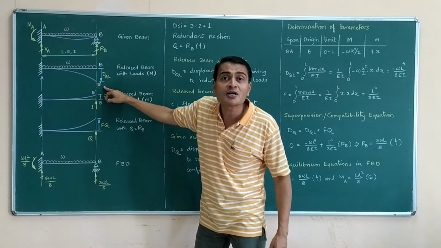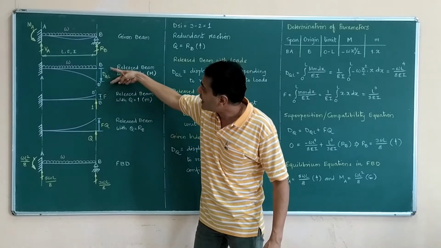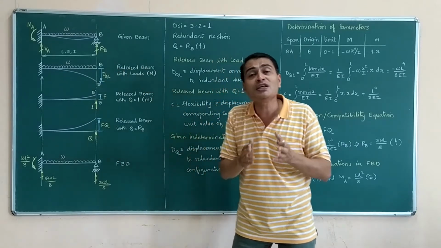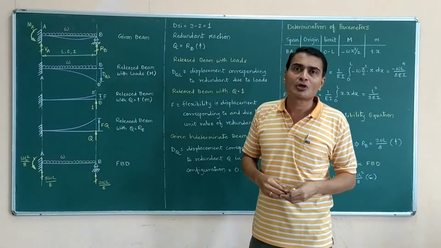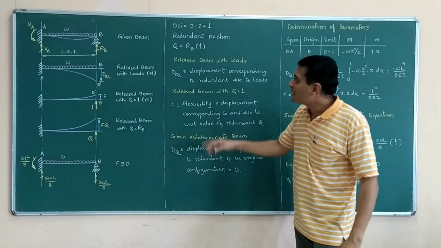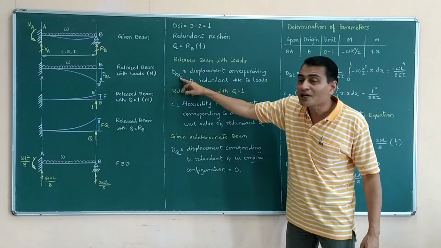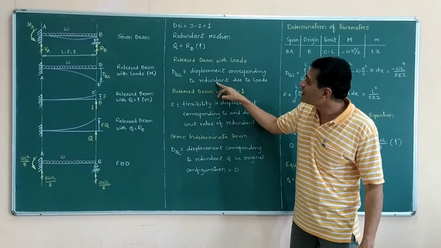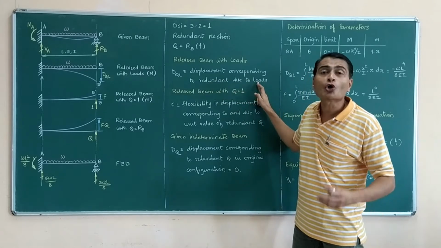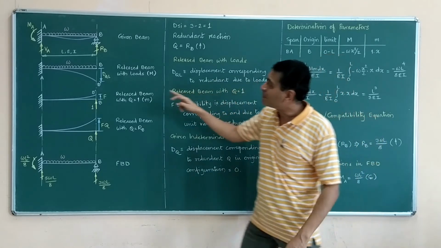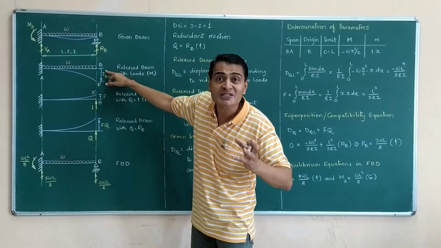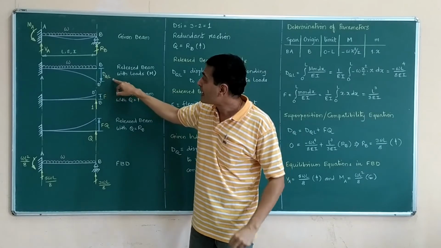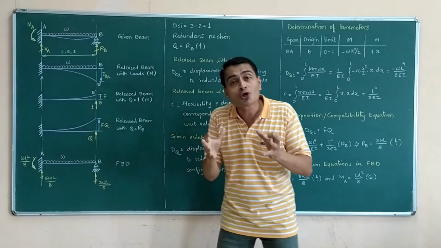B point has gone down to B prime, and that particular deflection I am defining as DQL. What is this notation? DQL is displacement corresponding to redundant due to loads on the span. Capital D stands for displacement, Q stands for corresponding to that redundant, and L stands for loads on the span.